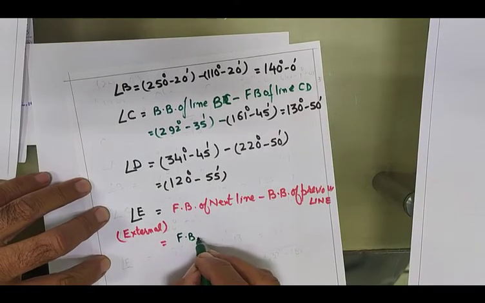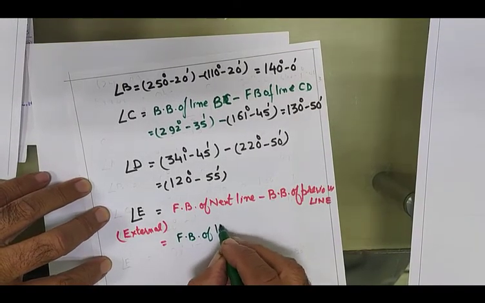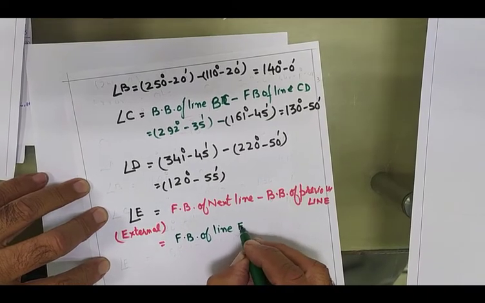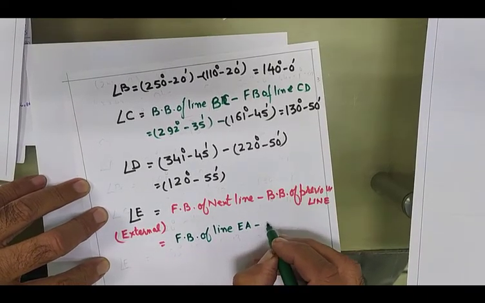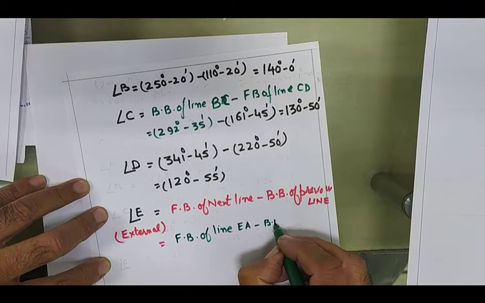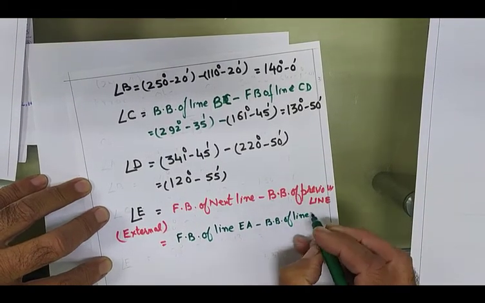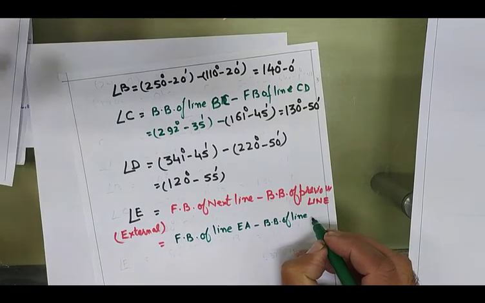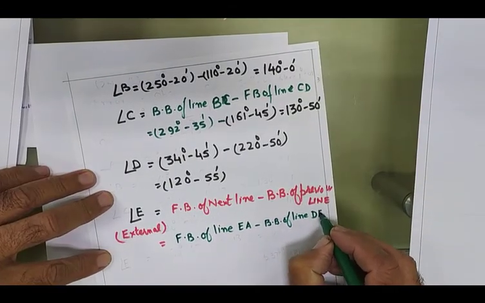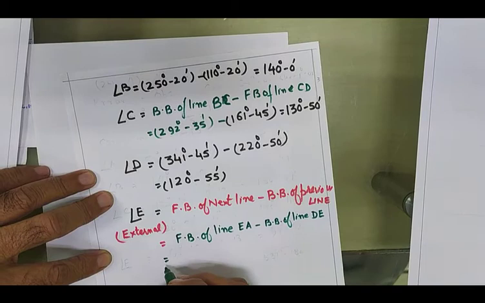Forward bearing of line EA minus back bearing of the previous line. What is the previous line? That is DE. So now substitute the values.